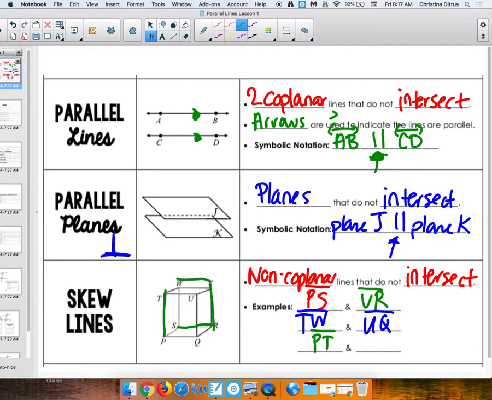WV works. UV works. QR works. Any of those work. Kind of like you take this front corner and then anything else that's in the back corner works. Does that kind of make sense? So let's just put QR. That's right. Okay.